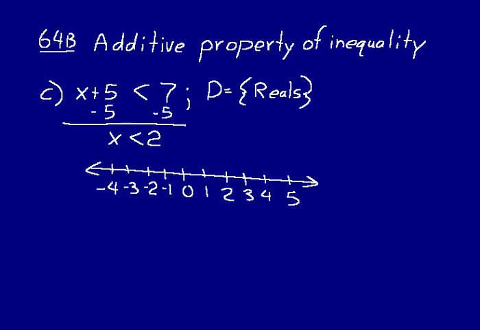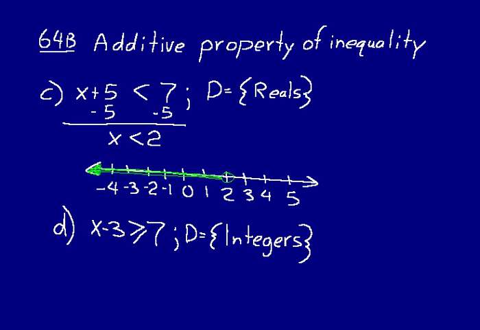So to graph that, we need to put an open circle at 2. And then we'll shade in to the left. We'll shade everything in because the domain is real numbers. We don't need to put dots or anything because it's not integers that we're talking about, we're talking about real numbers. So that's all the numbers on the number line. So that would be the expression of x less than 2 with a domain of real numbers on a number line.